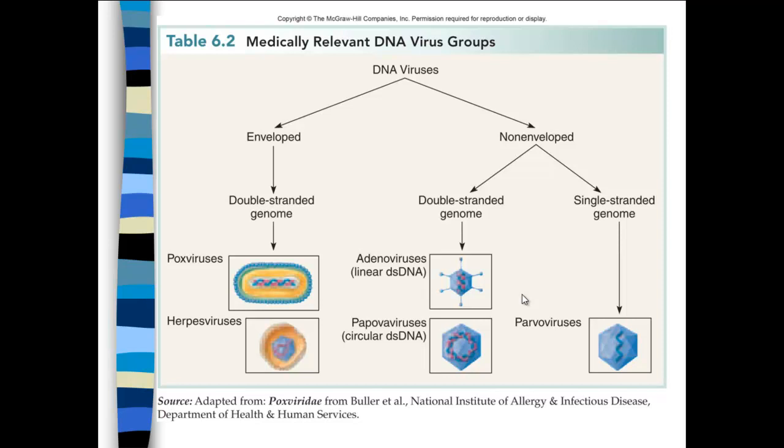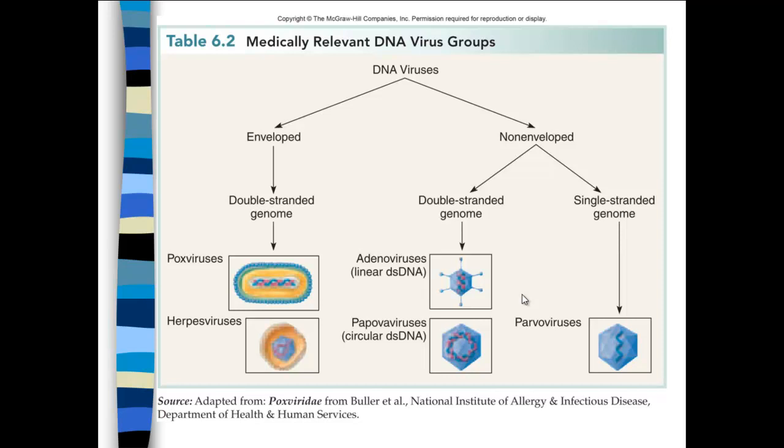Okay, and namely, it gets a little tough because single-stranded genomes are all called parvoviruses, but then with double-stranded genomes, adenoviruses are linear, and papovaviruses are circular.